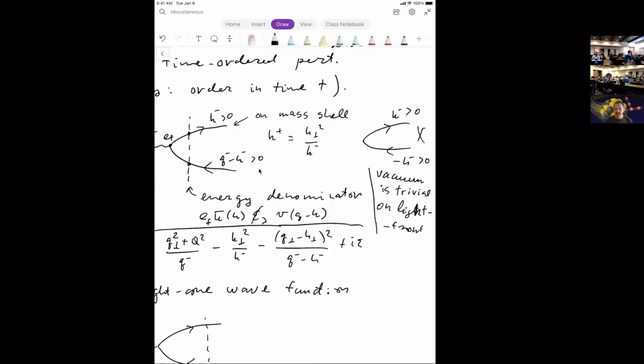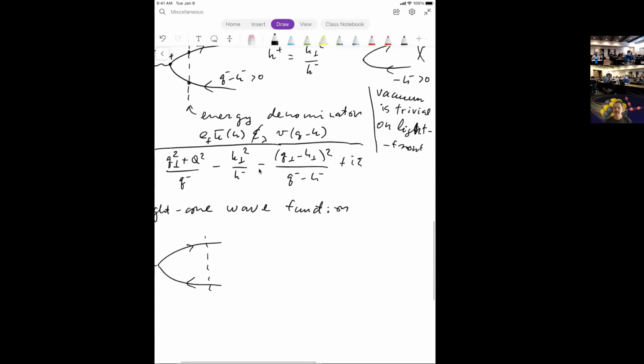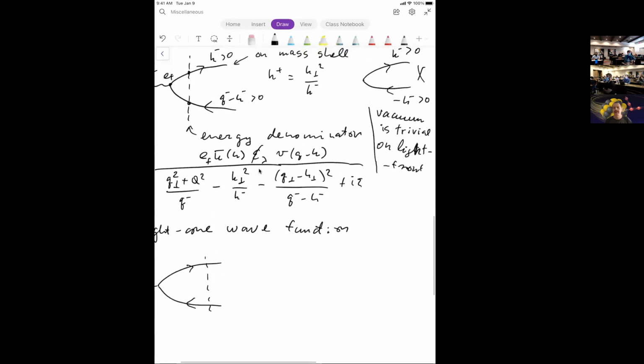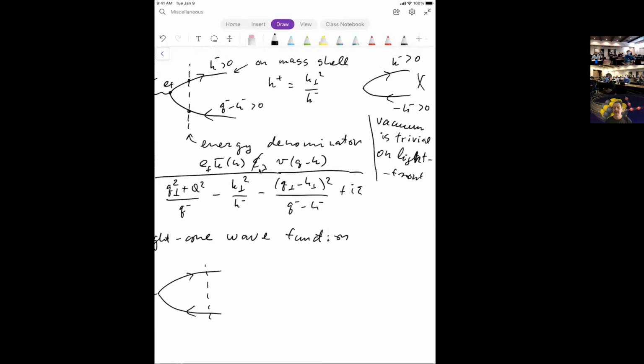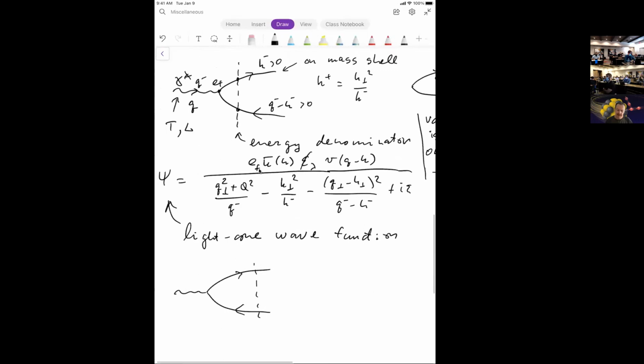But in equal time, I don't think that's the case. You can have something pop out of nothing and have non-zero energies, of course, for a short period of time and then fluctuate back. But I think the wave functions exist.